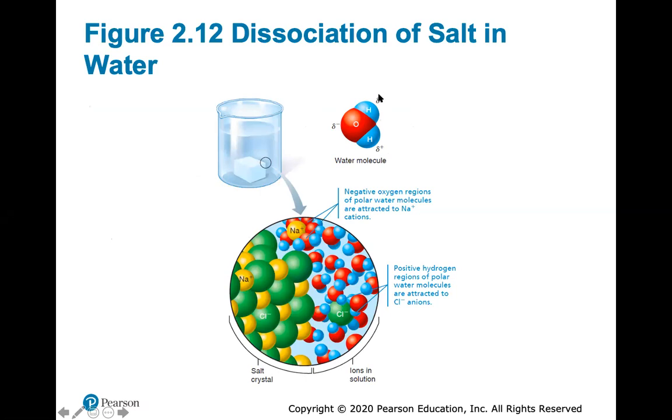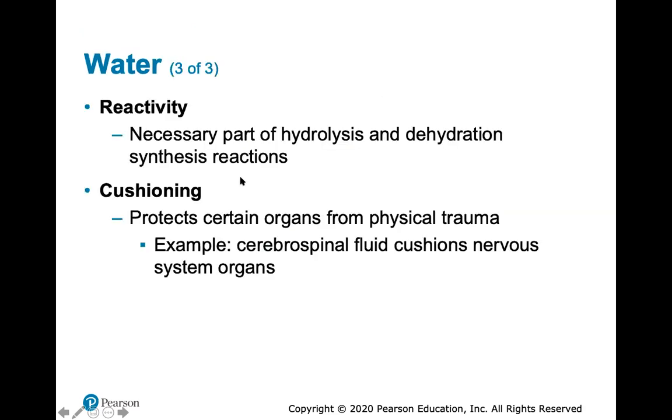And what this polarity allows it to do, it's kind of shaped like a V, is surround: its negative end surrounds positively charged sodium, and the positive hydrogens will surround the negative chloride ions. So because it's polar, it has the ability to break apart these ionic compounds because opposites attract. The opposite charges of water will attract the opposite elements of this compound and break it apart really easily. And that's how we can eventually dissolve salt in water.